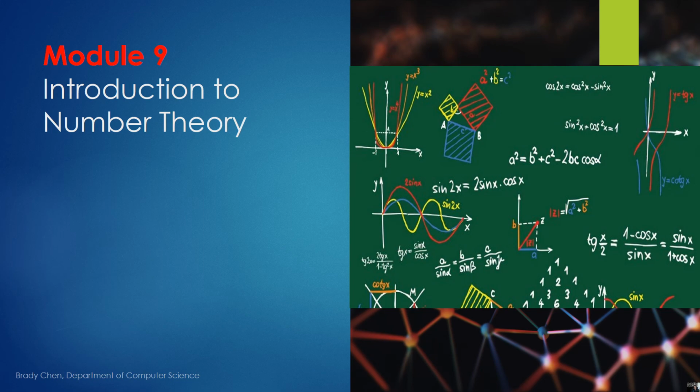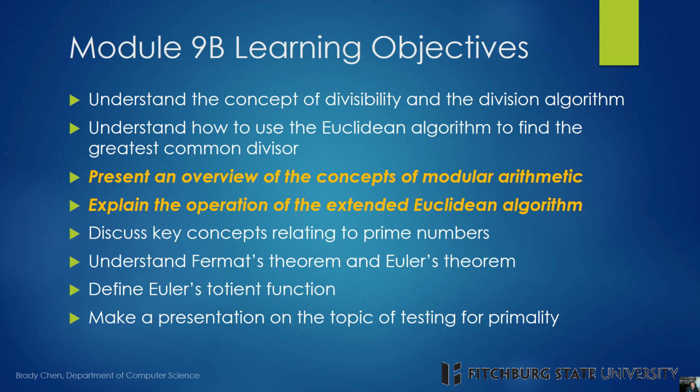This is part B of Module 9, Introduction to Number Theory. In the first part, Module 9a, we discussed some of the basic concepts of number theory, divisibility, and the division algorithm. And then we talked about the Euclidean algorithm that is used to calculate the greatest common divisor.